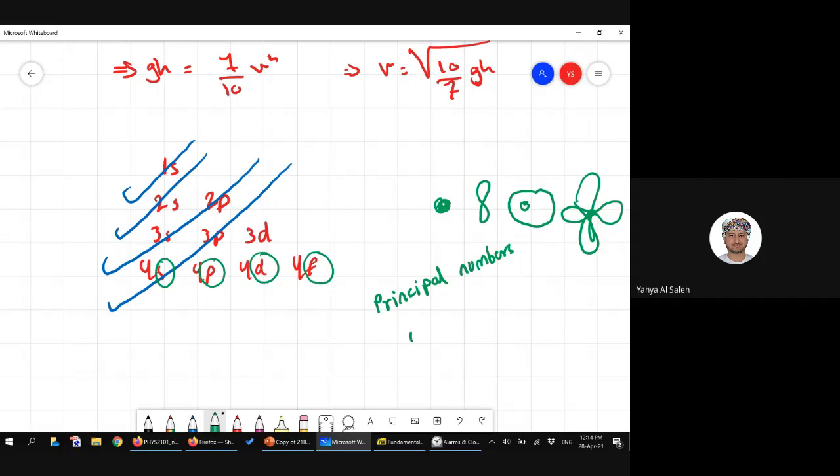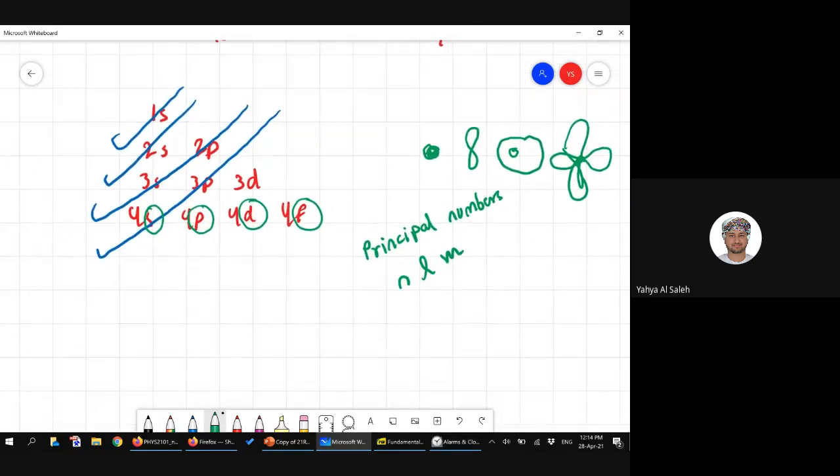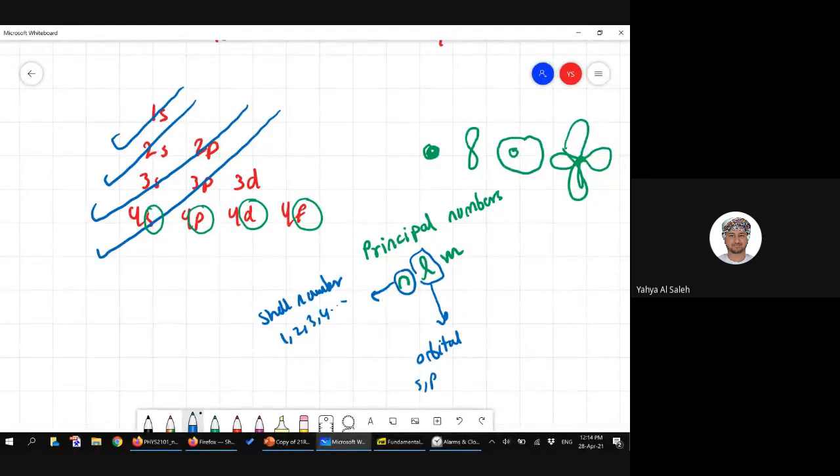You will learn of principal numbers called N, L, and M. In high school, they taught you N is the shell number, and that L was the orbital: 1, 2, 3, 4, S, P, D, F, and you probably never did M at that point.